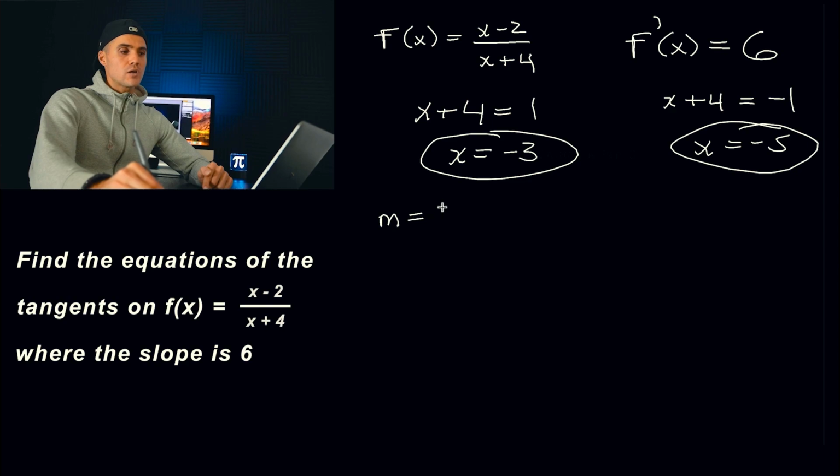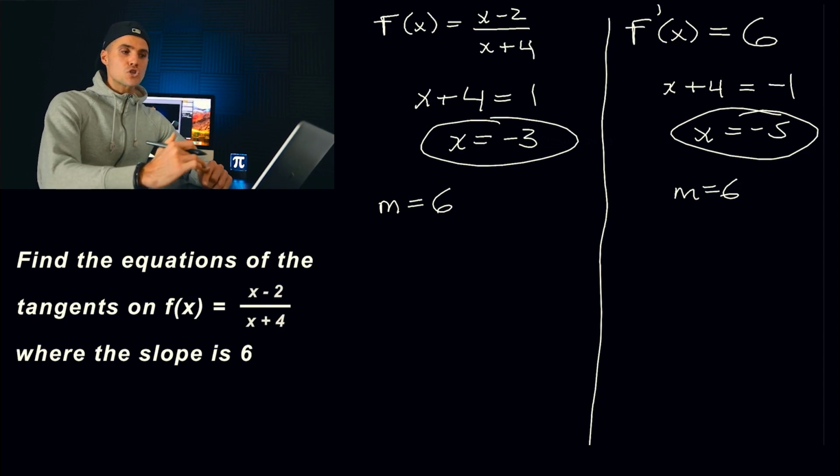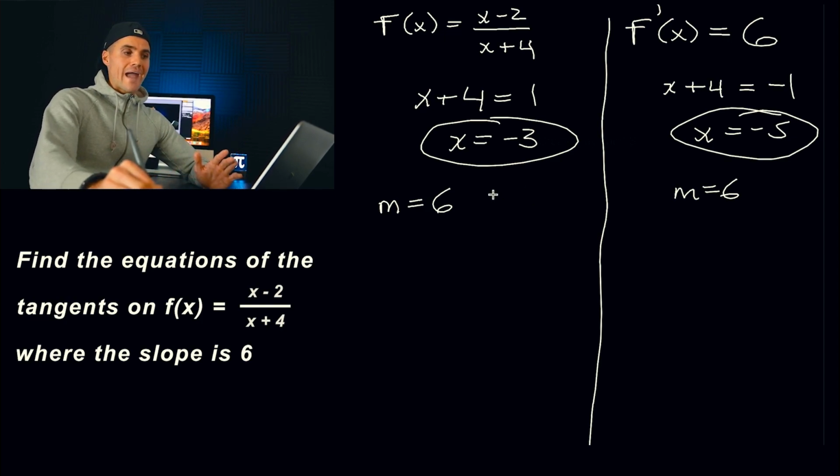Now, what's nice is we know that the slope for both of these tangents, let me actually split this up, is going to be 6. And we know the x values of both points, -3, over here it's -5. What is missing though? The corresponding y values.